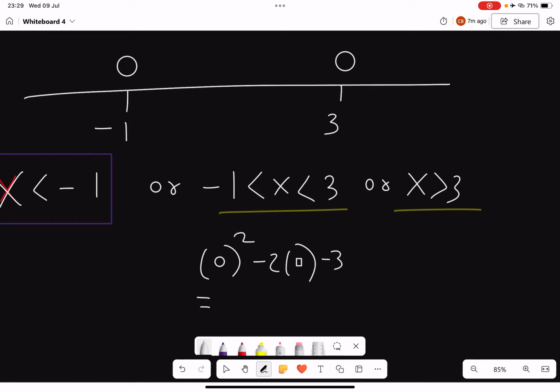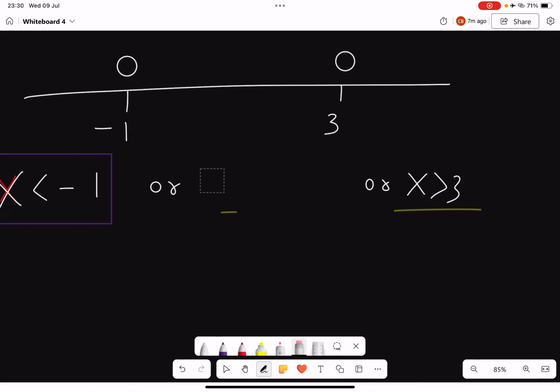This will give us -3, which is less than 0. But remember, we are looking for bigger than 0. So if whatever region we have gives us less, it's not going to be part of the solution. So we'll remove it.